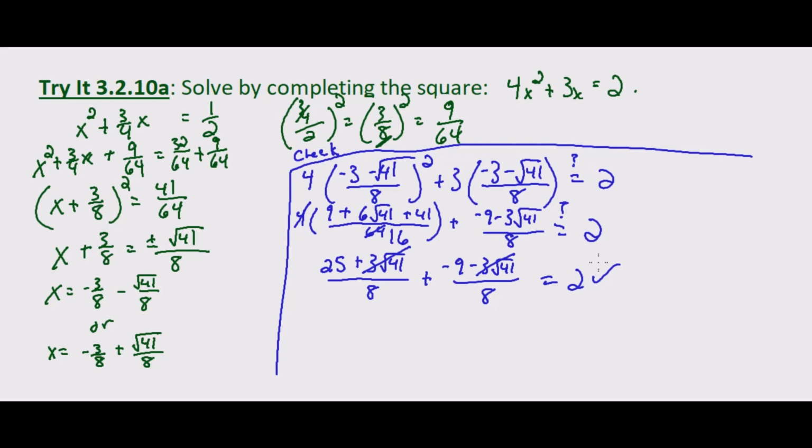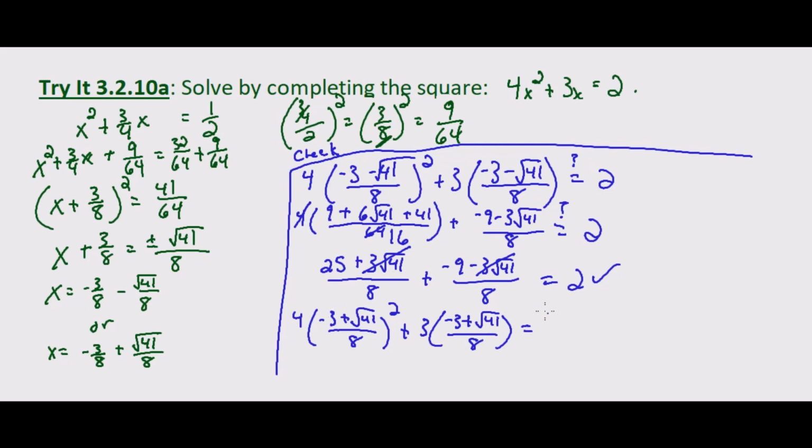Now if we do negative 3 plus the square root of 41, that'd be 4 times negative 3 plus the square root of 41 over 8, squared, plus 3 times negative 3 plus the square root of 41 over 8. Let's go ahead and simplify.